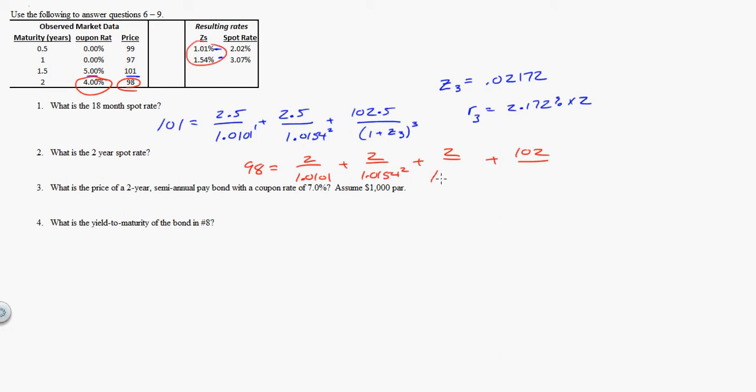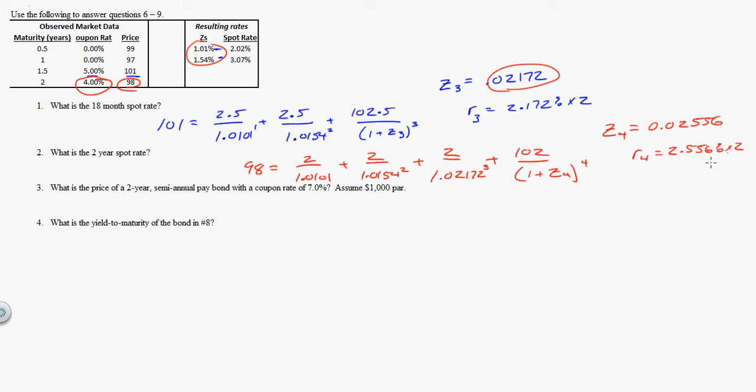And then 1.02172 cubed, because that's Z3. By the way, those are all 2's and not Z's, of course. And this is going to be 1 plus Z4 to the fourth. And if you do the algebra right, you'll find Z4 is equal to 0.02556.